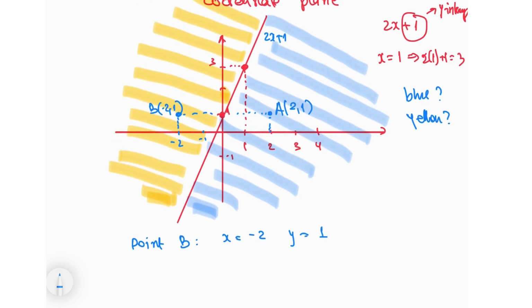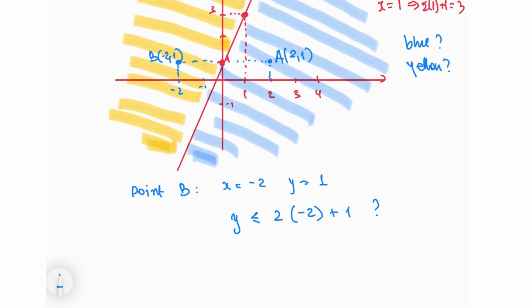So is y less than or equal to 2 times -2 plus 1? Is that correct? Whereas y is 1, so is 1 less than or equal to negative 3?